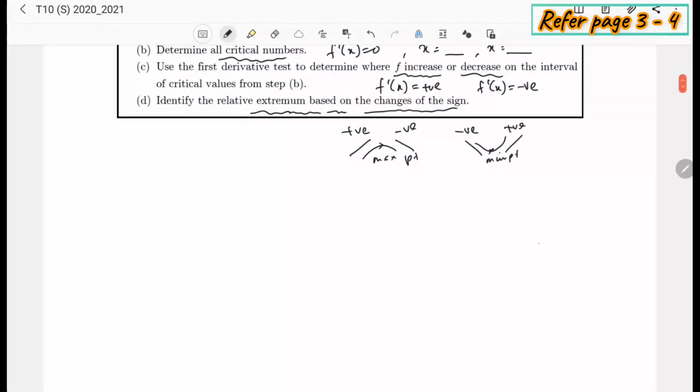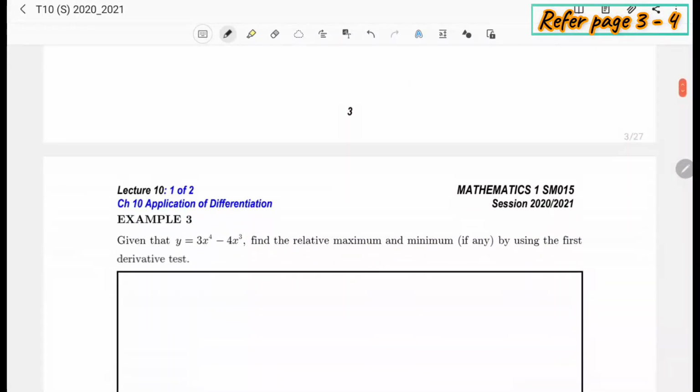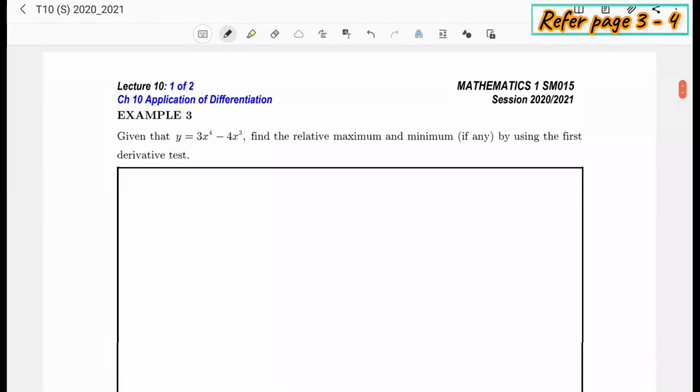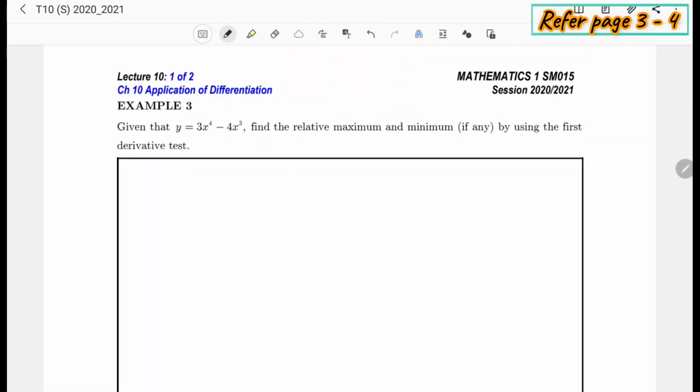Right, let's continue with the first example. Okay, y equals 3x to the power 4 minus 4x cubed. So find your dy/dx, so 12x cubed minus 12x squared.